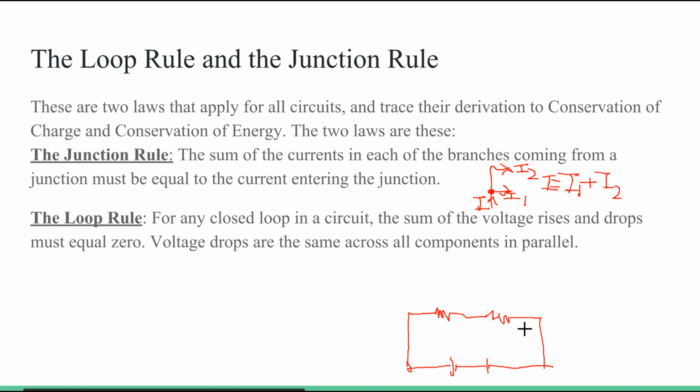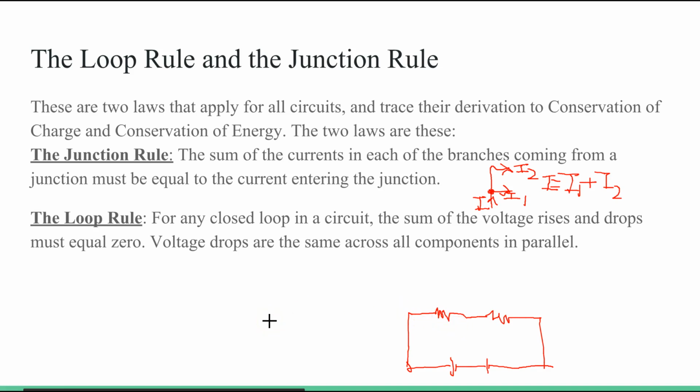It lost some potential somewhere, and potential is basically energy per unit charge. And since there's no work being done on the charge, on the electrons, you just violated conservation of energy again. So for the loop rule, the voltage rise must equal the voltage drop.